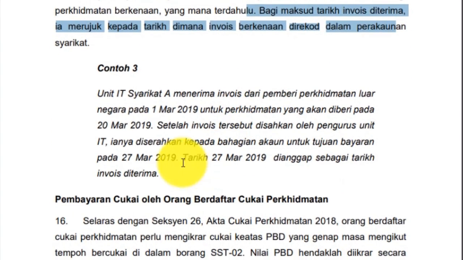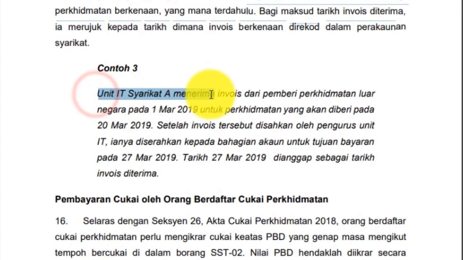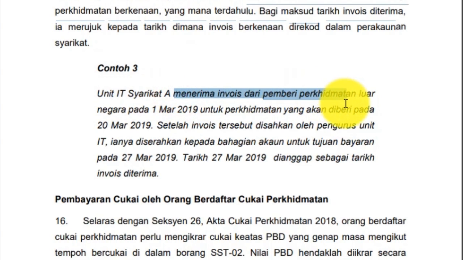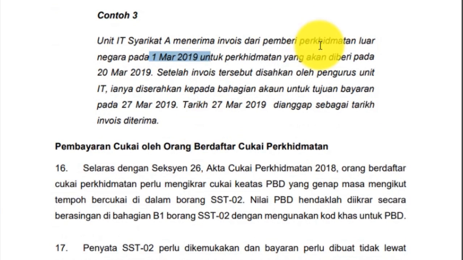Okay, so take this example. The IT department of company A received the invoice from an overseas supplier on 1st of March 2019 for a service that will be provided on 20th of March. That means he received the invoice first, then only he received the service.